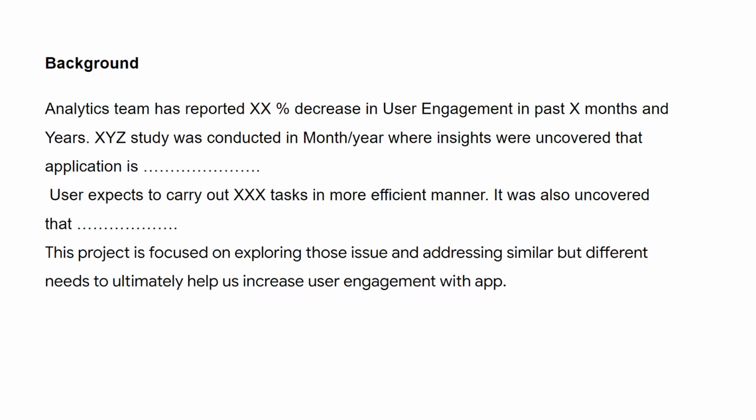Users expect to carry out XXX tasks in a more efficient manner. It was also uncovered that... include any more relevant insights, and ultimately include what you are trying to achieve. That is, the project is focused on exploring these issues and addressing similar but different needs to ultimately help us increase user engagement with the app.